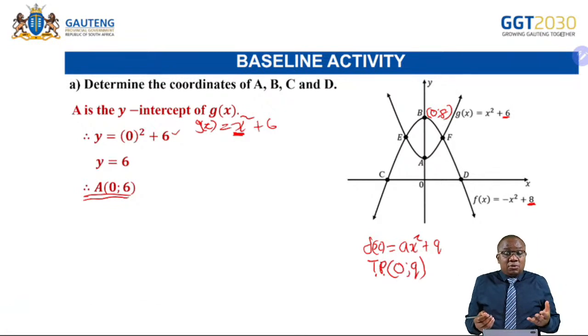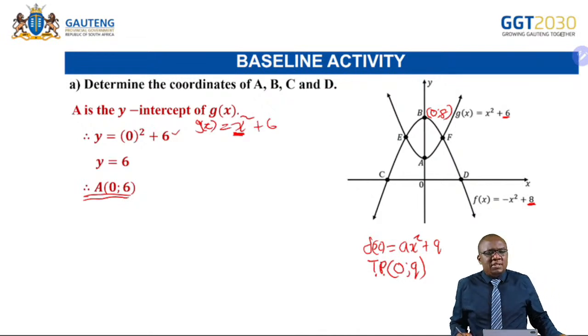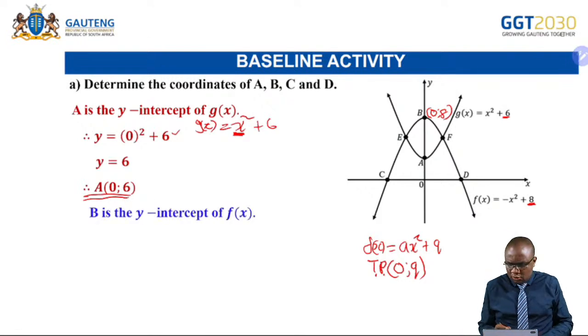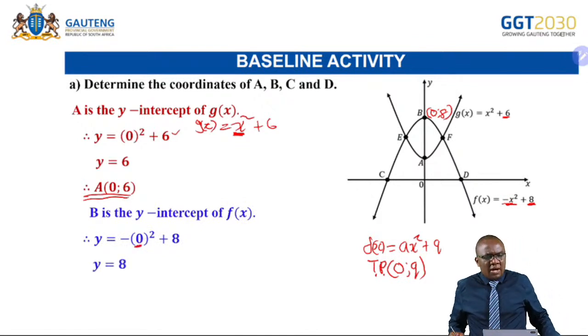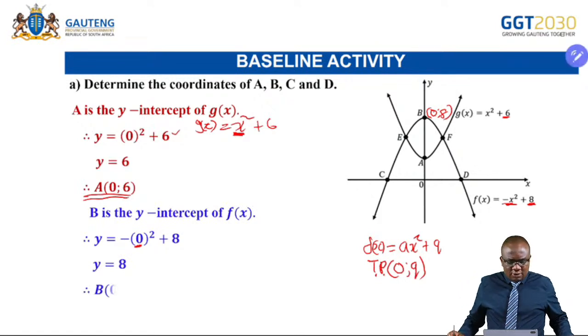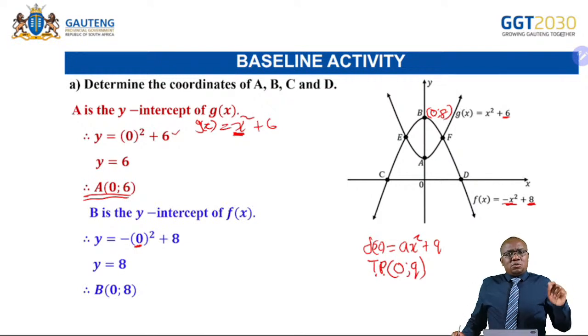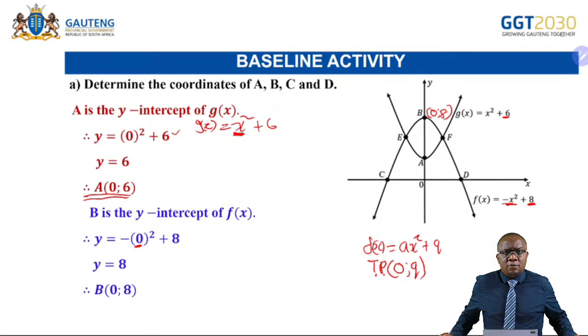Our turning point is also our y-intercept, so where there's x, we put 0. Let's put 0 where there's x here. And then what do we get? We get y is equal to 8, meaning that the coordinates of B are 0, 8. You see that? Don't lose marks. You're going to get such questions in the exam.